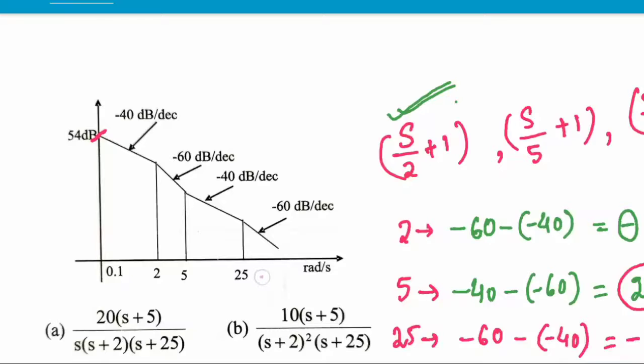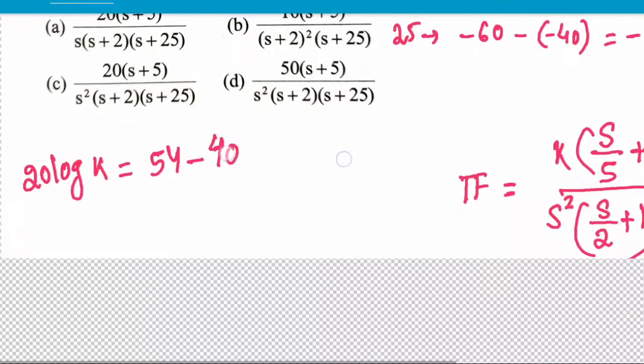Because the x-axis is in log form, the intersection at 0 is never possible, so this will always be 0.1. The x-axis is always taken in log of omega.